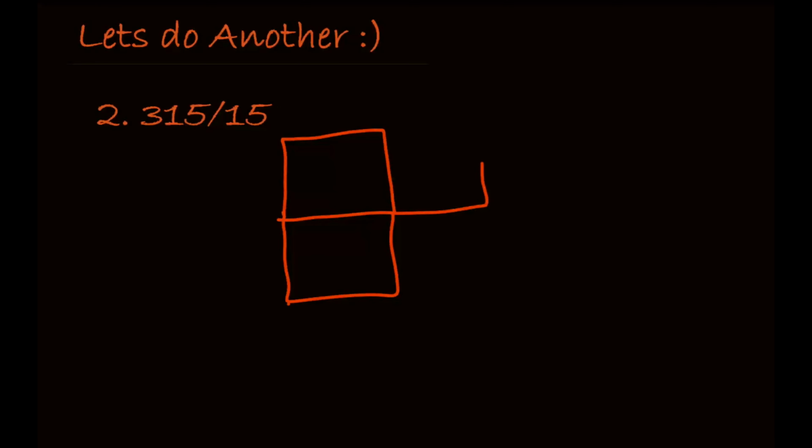Again, I'm going to set it up as a block or a graph. 300, so this is going to be 100, 100, 200. I'm going to do the third one here, so we have more space, 300, and then we have 15. I'm going to say this is 10.